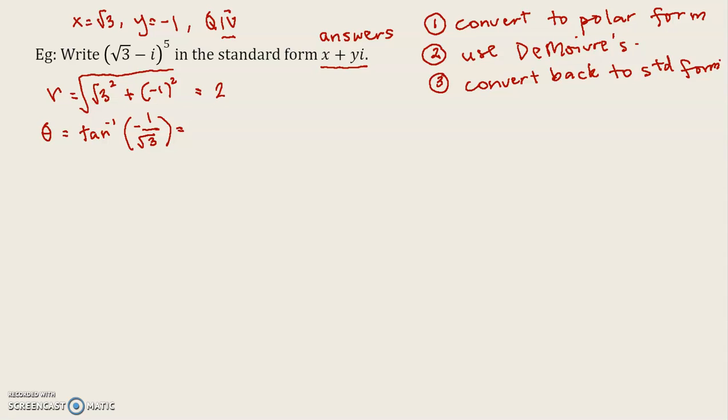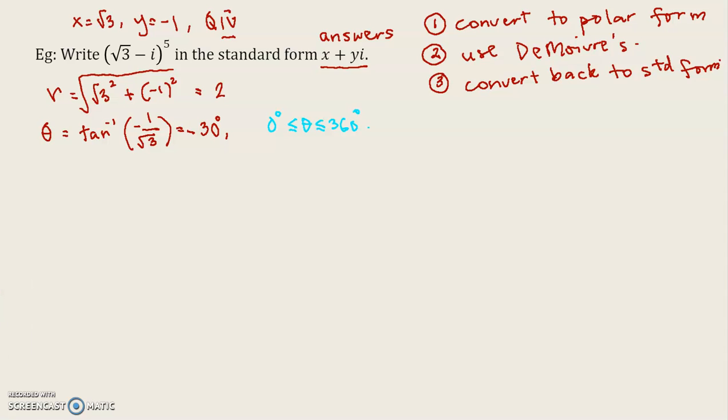When we calculate, it doesn't matter whether you use radian or degree, because in the end you still have to convert to the standard form. So in this case it's up to you. Let's say you want to use degree, but the argument is not going to be negative 30, because the argument of a complex number must be between 0 and 360.